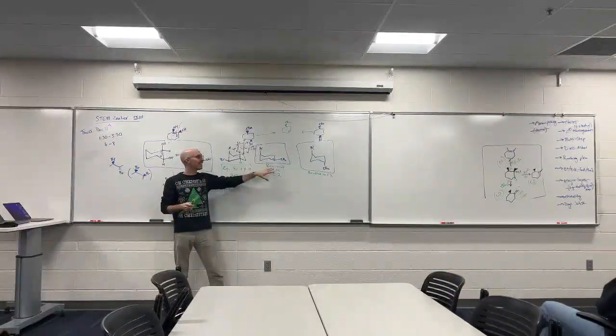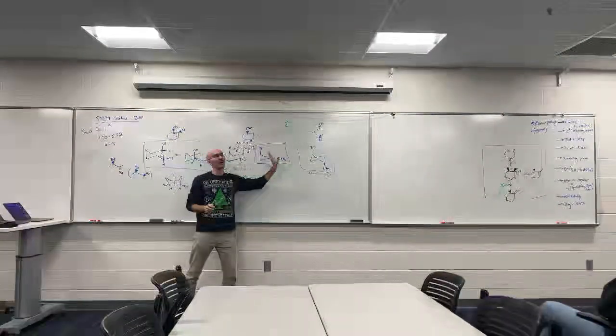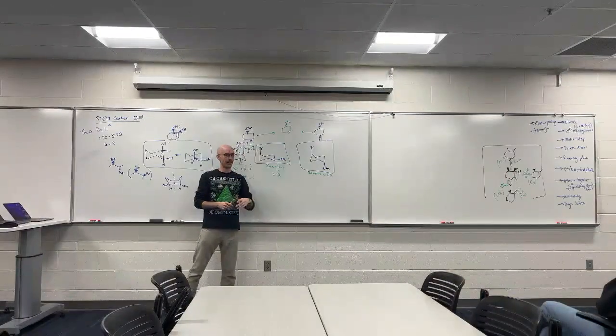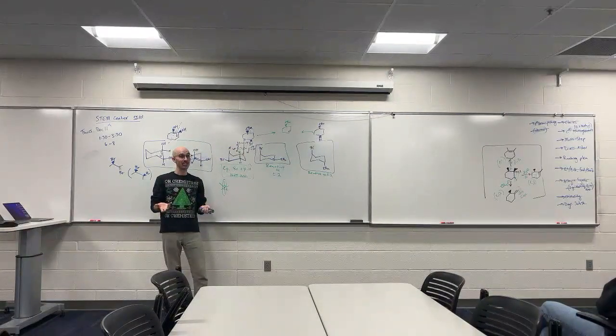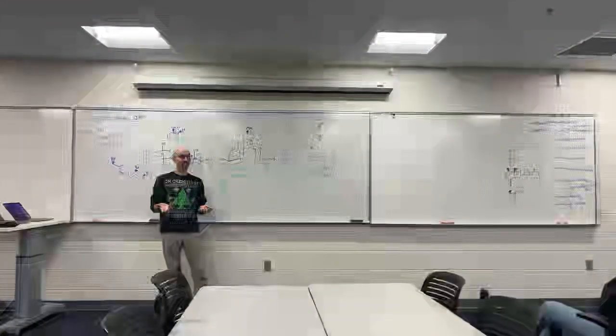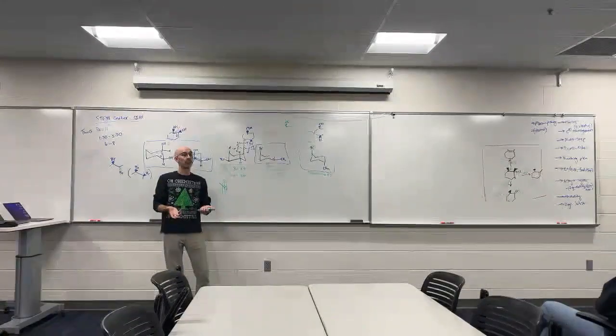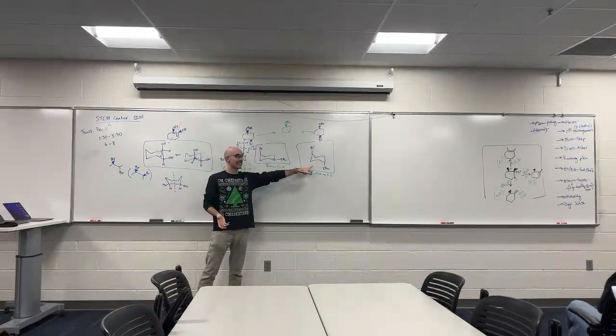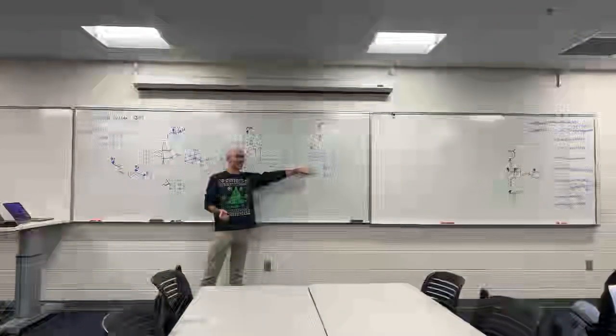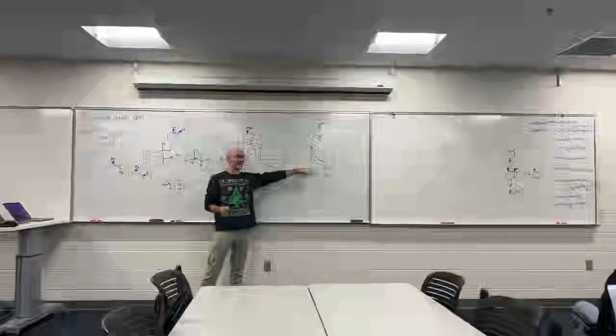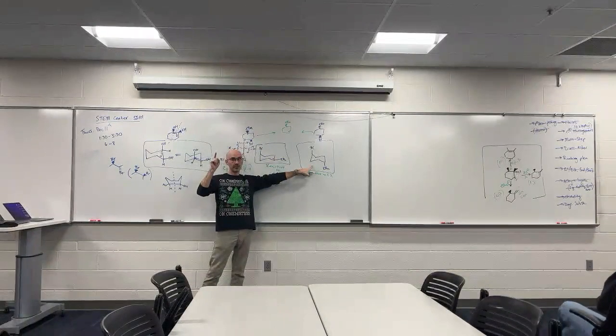The cis stereoisomer is already in its lower energy conformation before it goes on to do the E2 reaction. So it takes less energy to get over that activation barrier.